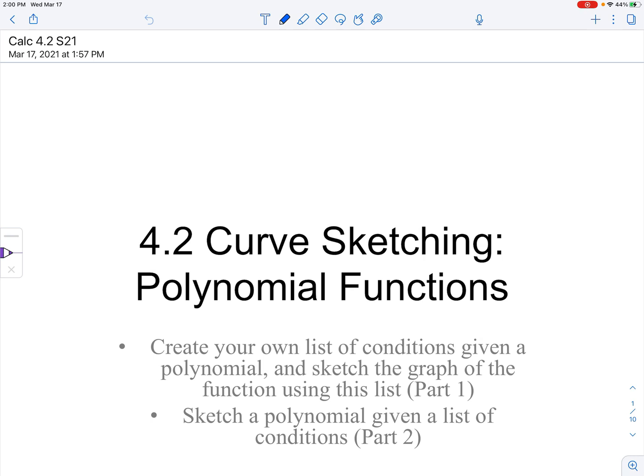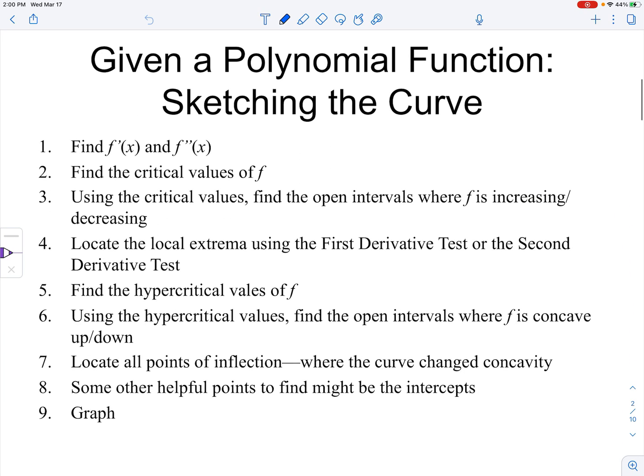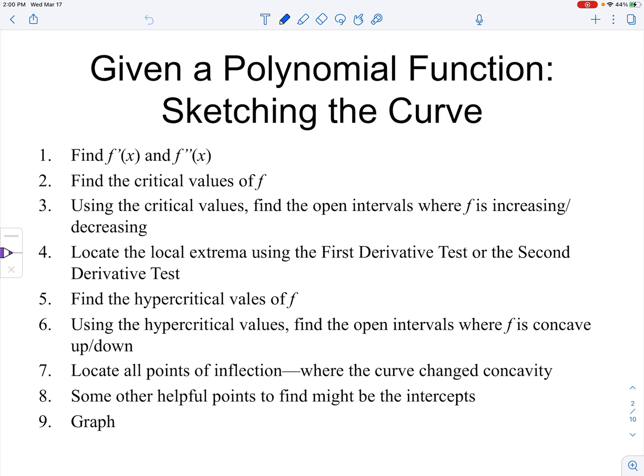And then the second part is, given a list of conditions, interpreting those conditions in order to sketch a graph that could represent the polynomial that's being described. So this looks like a really long list, but it's basically everything that we've been doing in section 3.4. 3.5 is really about absolute extrema and being able to apply the extreme value theorem to identify absolute extrema, but that'll come back as well.